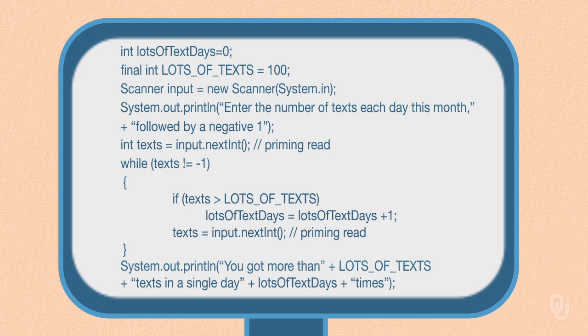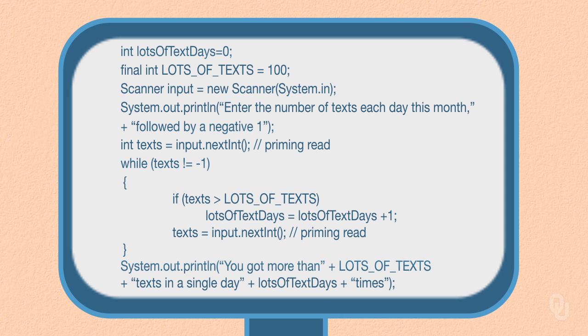int lotsOfTextDays = 0. final int LOTS_OF_TEXT = 100. Scanner input = new Scanner(System.in). System.out.println("Enter the number of texts each day this month, followed by a -1.") int text = input.nextInt().